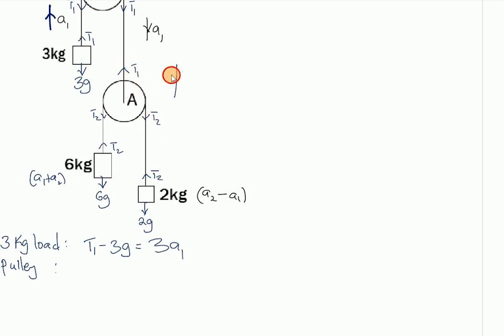And since the overall motion is downwards, we assume that these two T2s are bigger than that, so we can have that 2T2 minus T1 is equal to the mass, which they say is light, so we have mass 0, acceleration a1. This implies that T1 is equal to 2 T2. Call this equation 1 and call this equation number 2.